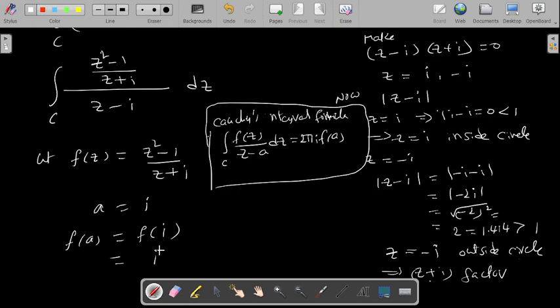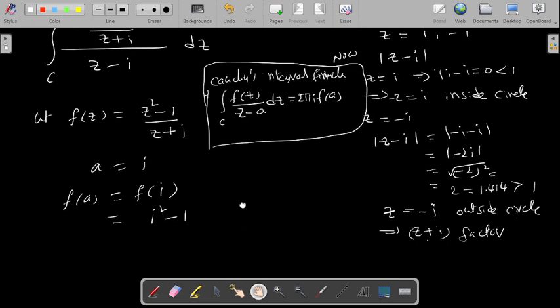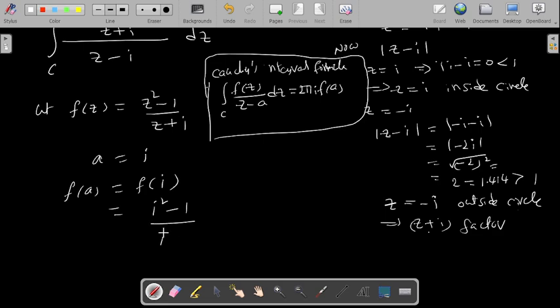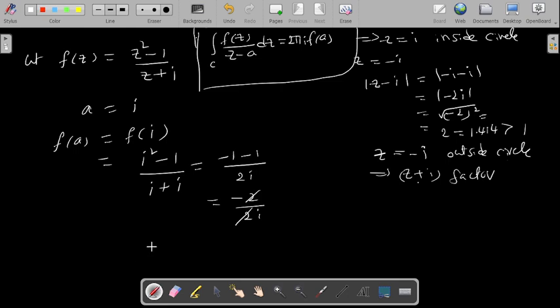What is that value? i square minus 1 by i plus i. i square means minus 1, so minus 1 minus 1 is minus 2, by i plus i, 2i. So minus 2 by 2i. This 2 gets cancelled, so the value is minus 1 by i.